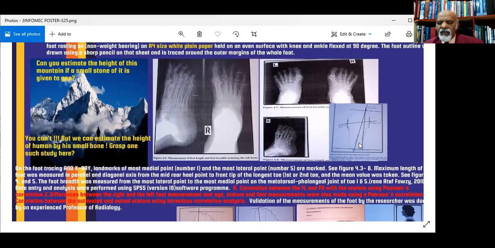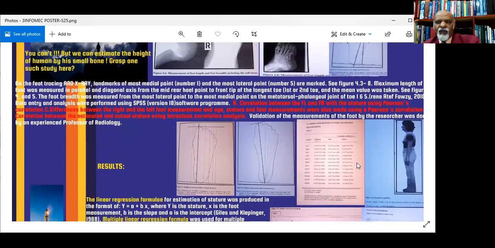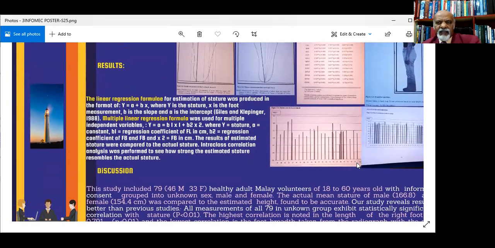And we take 2 measurements on the foot tracing, the length as well as the breadth, in a similar way. We select the outermost ends, the anterior most and posterior most ends. So 4 measurements, 2 plus 2, right side and left side. All this data, 12 data, are entered into SPSS for statistical analysis.